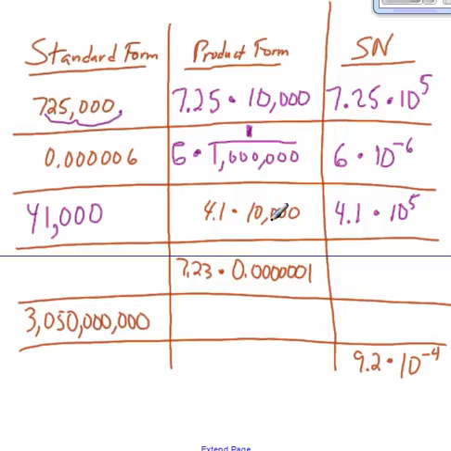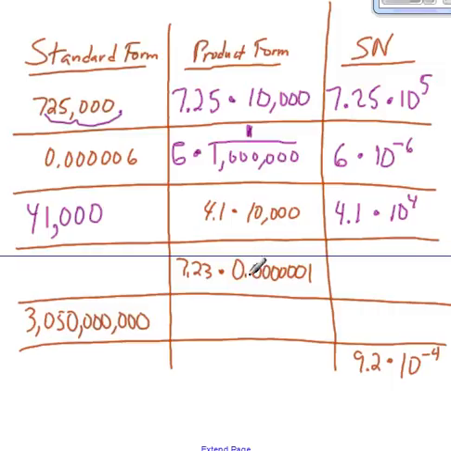Because I've slid the decimal over, I'm sorry, that would be 10 to the 4th power, because I've only slid the decimal over 4 places, okay? So to the 4th power, okay?